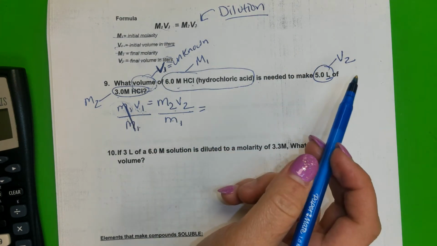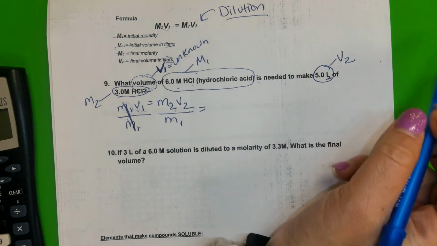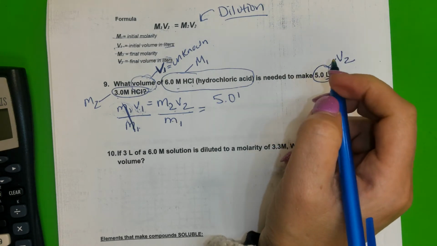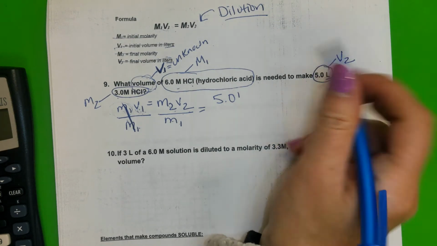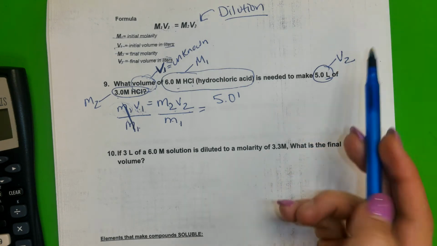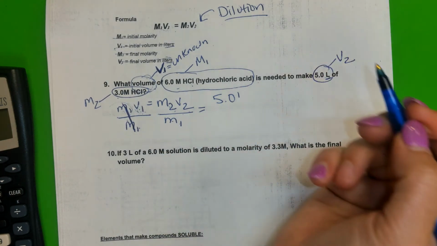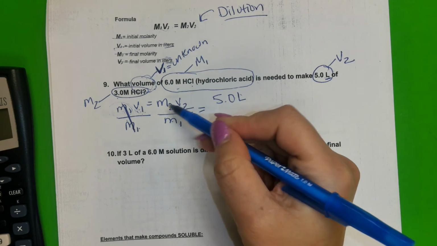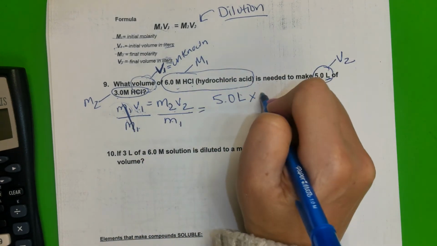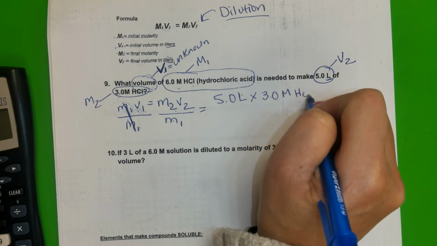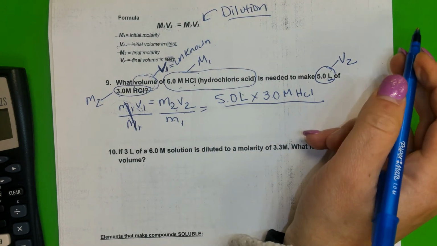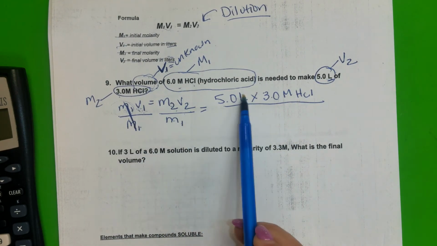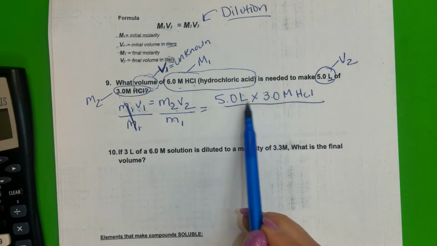So anyways, let's get started. V2 is your 5.0 liters, and M2 is the 3.0 molarity of HCl. It really doesn't matter which goes first, because you're multiplying them, so you could switch them around and get the same answer, which is 15.